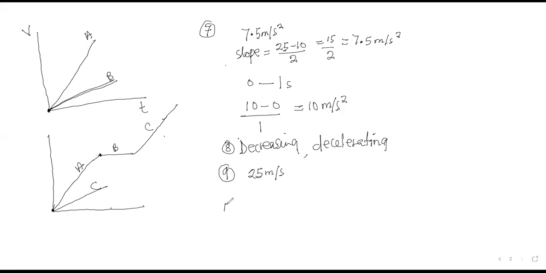Then the last question, 10. An object is displaced 12 meters to the right. So let's assume the object starts from a reference point like this. We are told that it is displaced 12 meters to the right.